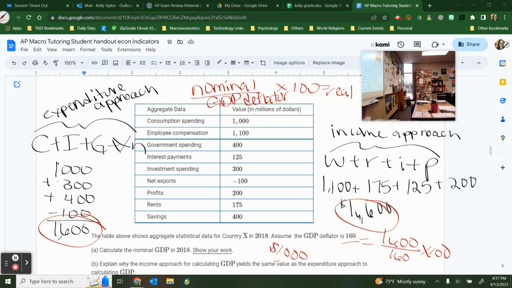Real, you can divide by the GDP deflator. Nominal divided by the deflator. Oh, yeah, wait, you're right. If you have real GDP, divide the number by price. Twenty-five divided by 1.5.